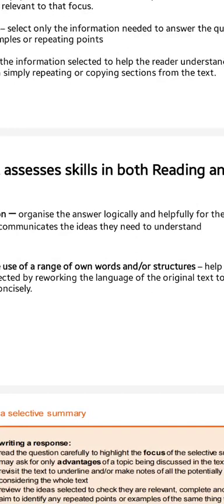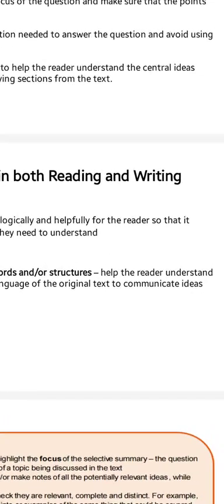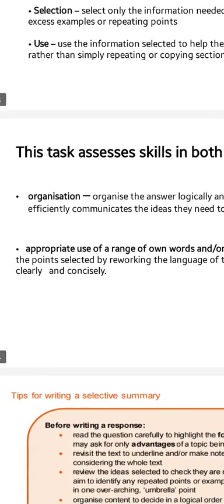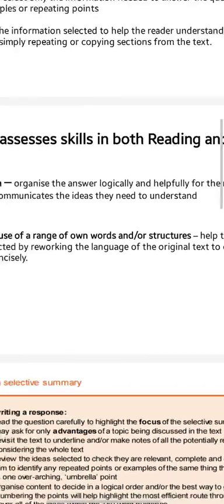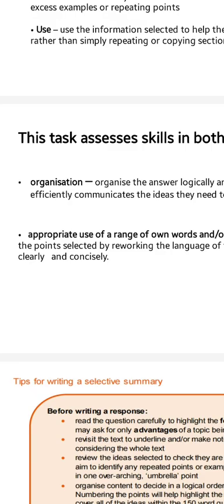Appropriate use of a range of own words or structure. Help the reader understand the points selected by reworking the language of the original text to communicate ideas clearly and concisely. That means take out points from the text but write them in your own words. Make them proper sentences. Take out phrases from the text and then make them complete sentences with the help of your own words.